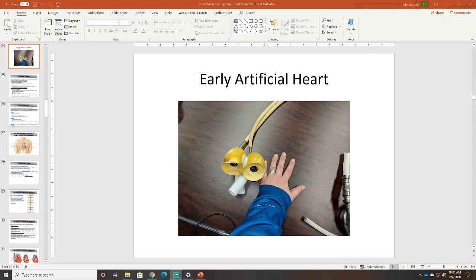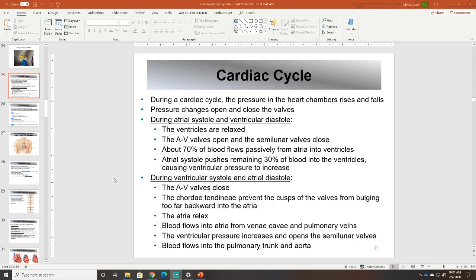And here we go. Okay. All right. So that's where we left off with the artificial heart. So the cardiac cycle involves all the events of the heart, and they're both physical and electrical, and we'll talk about both parts.